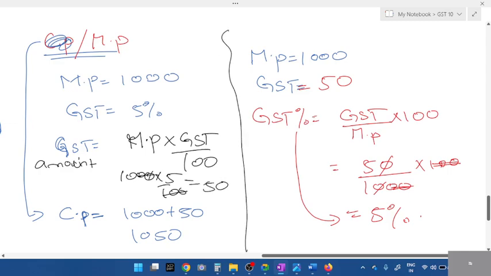And the other one, if you want to convert into percentage, look at the calculation: GST divided by mark price into 100, which is 50 divided by 1000 into 100.